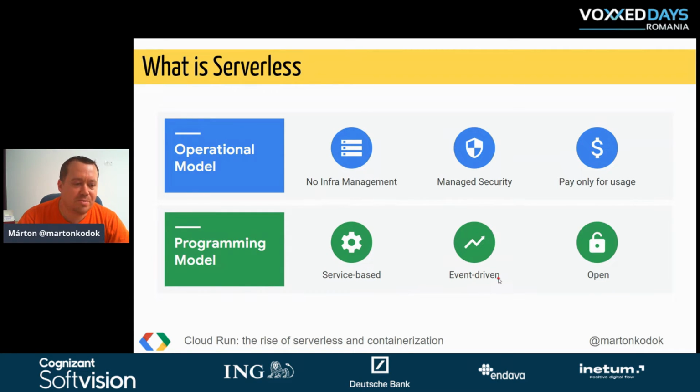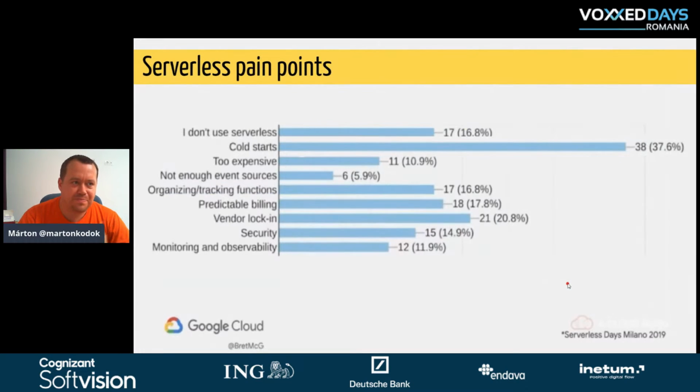So you could respond to a bunch of events, or you could build even applications that are workload processors or batch jobs and so on. So it's just an optional way. And nonetheless, for developers, it means it's open. So you can use your own tools, your own libraries, even if it's open source or license based. And all this can be used for the serverless model.